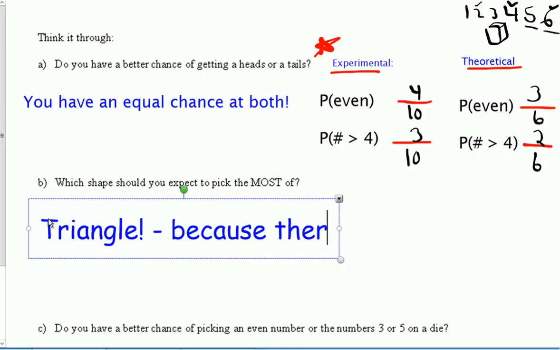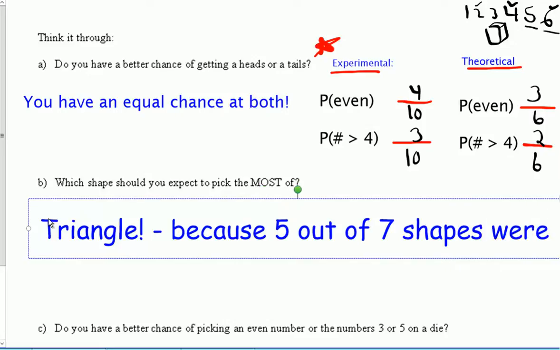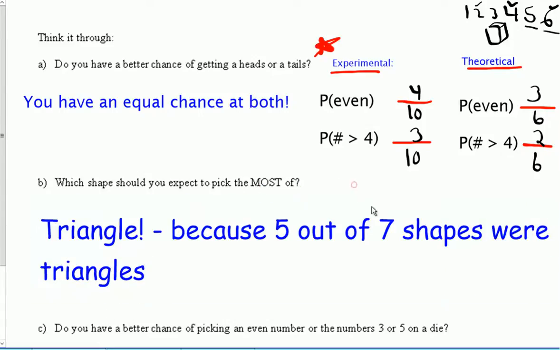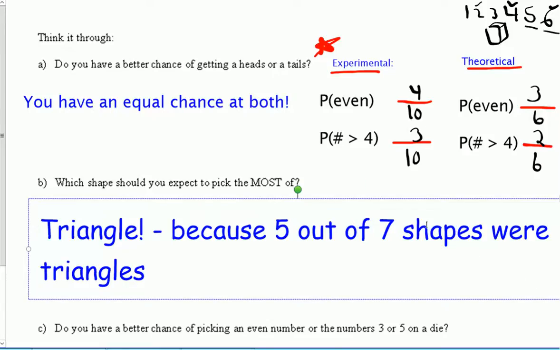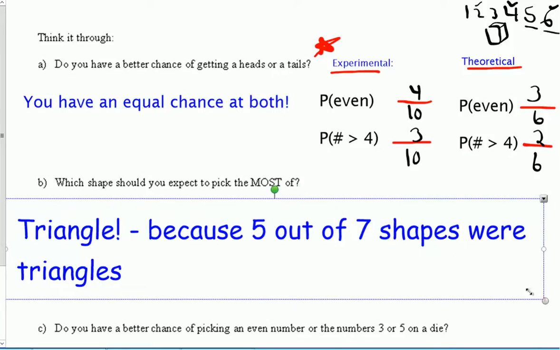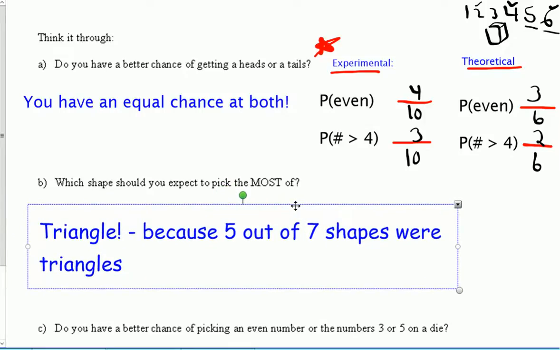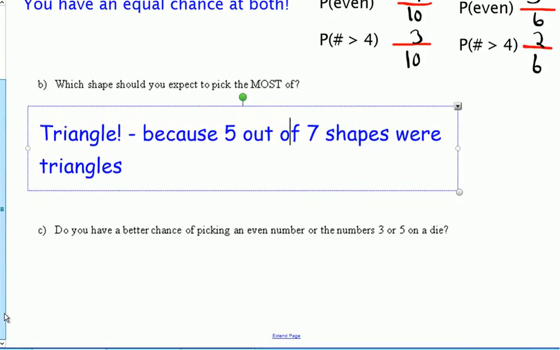Because we'll say 5 out of 7 shapes were triangles. That's why. I'm expecting a lot of triangles because most of my shapes were triangles. All right, copy it down. Pause if you need to.